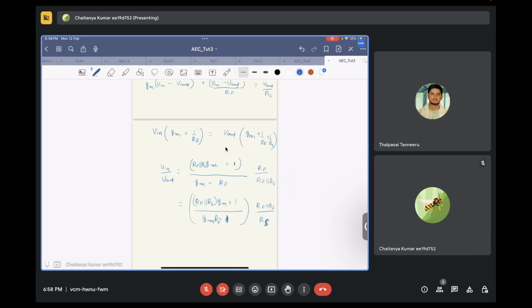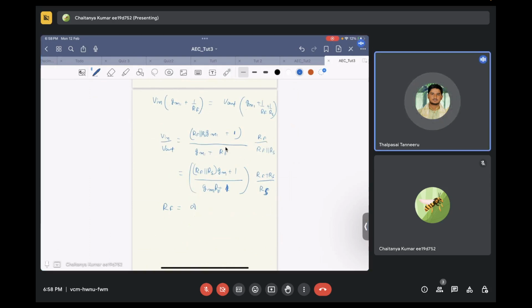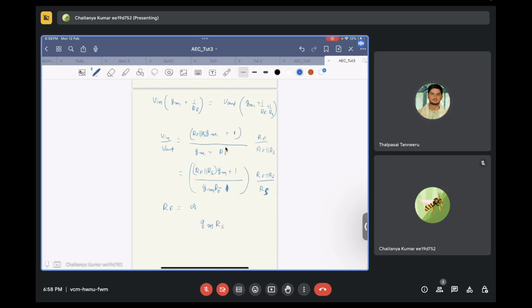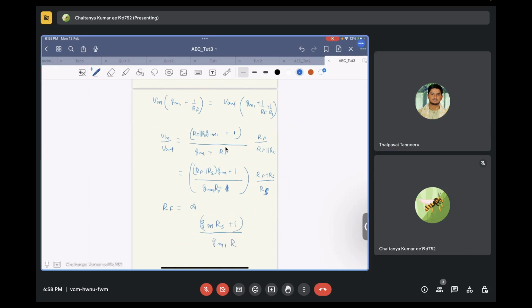You have GM on top, it will just be RS plus 1 divided by... It should be GM1 times RS. Correct? Yes, sir.